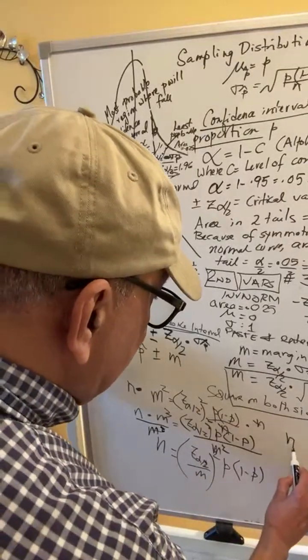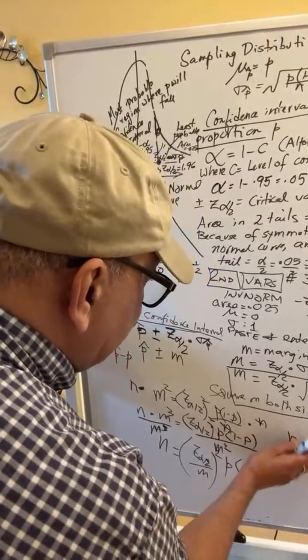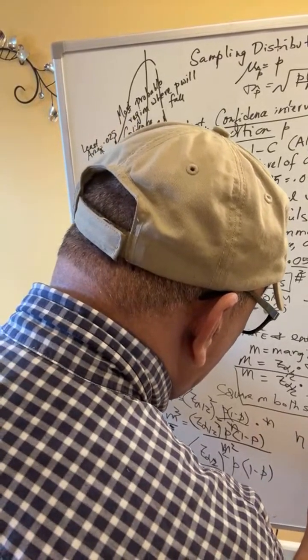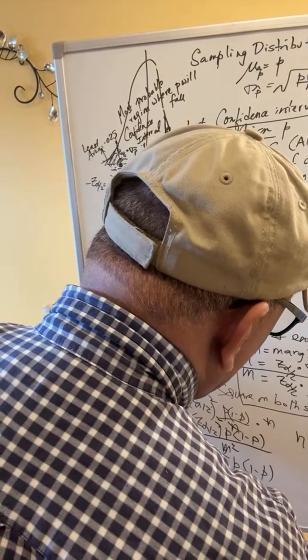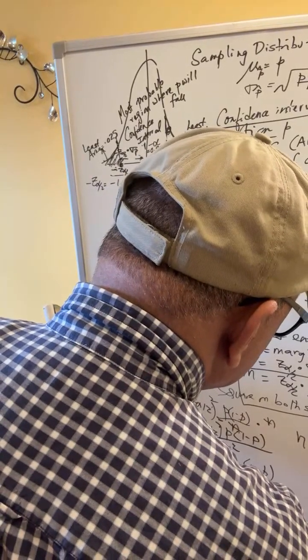Again, let me write it the way it is written in textbooks: n is equal to p times 1 minus p multiplied by z alpha by 2 divided by margin, squared.